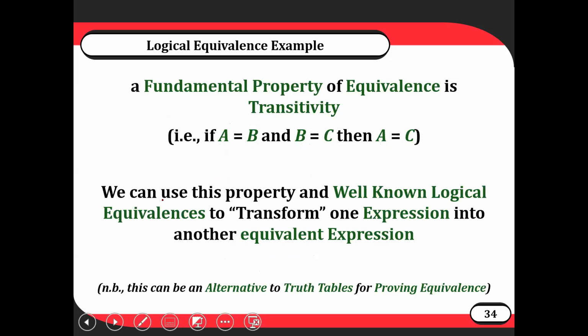So we can use this transitivity property along with some well-known logical equivalences to transform one expression into another equivalent expression. This can be an alternative to truth tables for proving equivalence. We're going to look at some of these rules, and at how we can apply them.